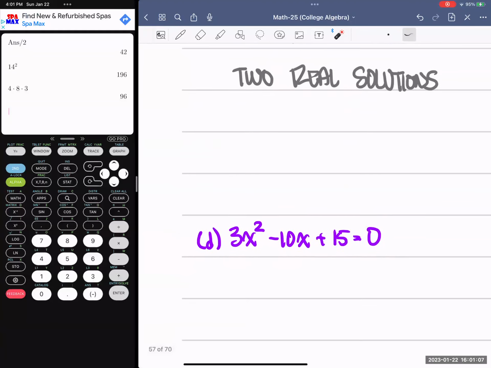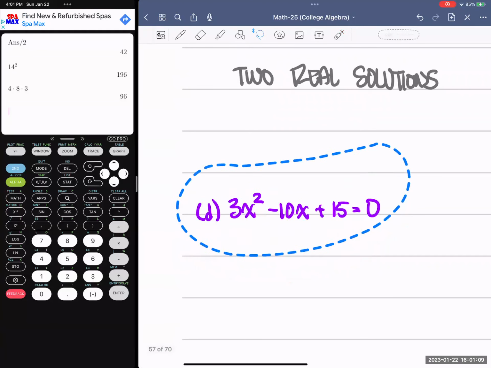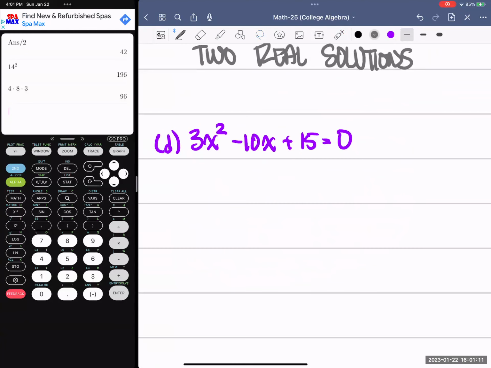Okay, let's shift. b squared minus 4ac. b in this case is negative 10, squared, minus 4 times a, which is 3, and c, which is 15. Negative 10 squared is positive 100.